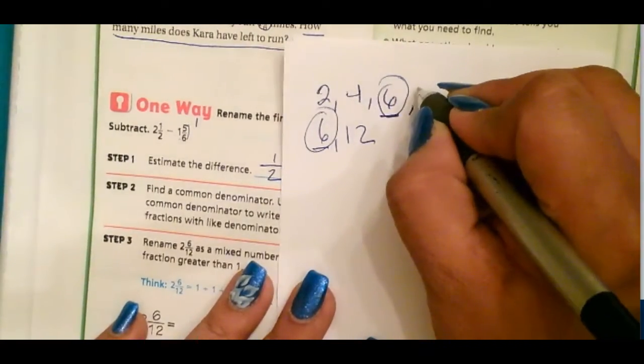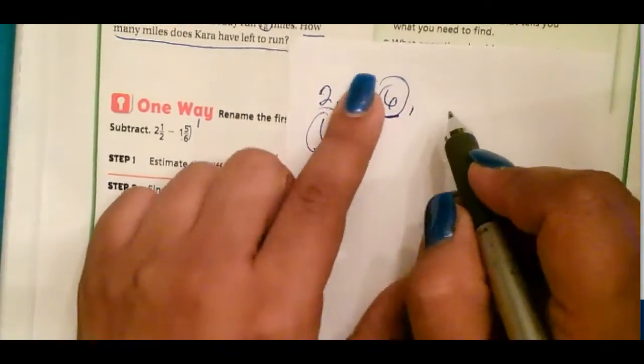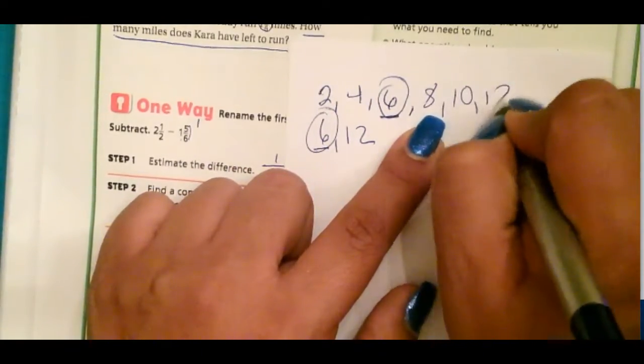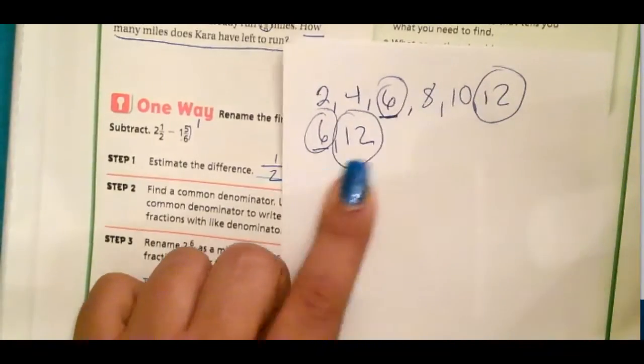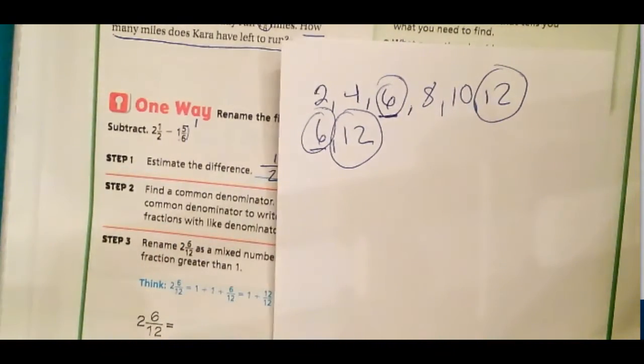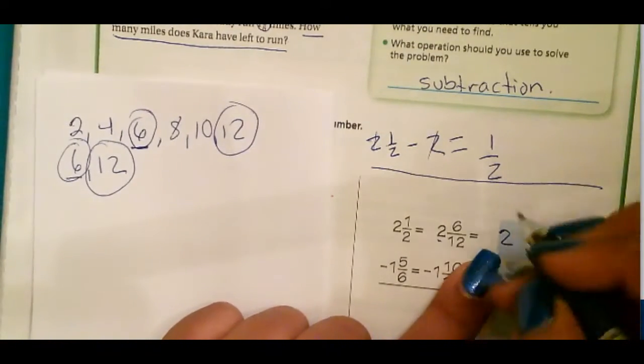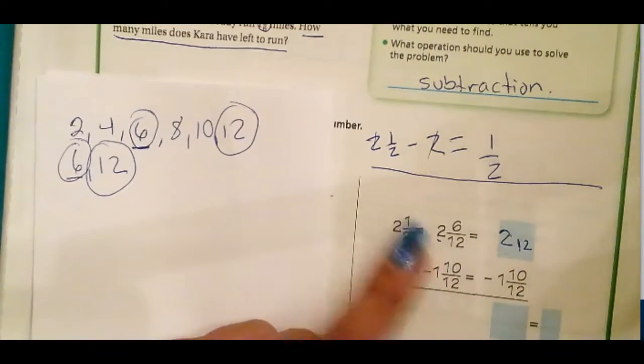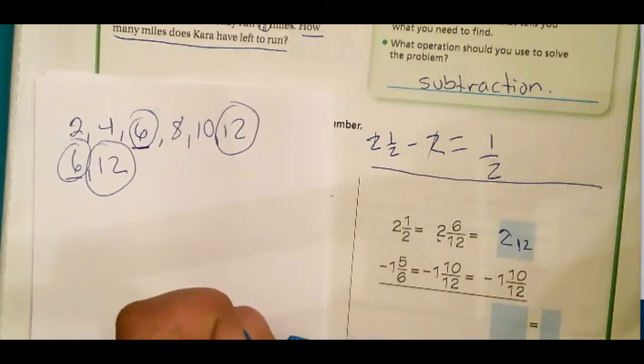Let's keep counting by 2s: 2, 4, 6, 8, 10, and 12. Here in the book they use 12, and I apologize for that. I did not see that. So we can use 12. That's not a problem. So our common denominator is 12 here. Oh, they already did that for us.